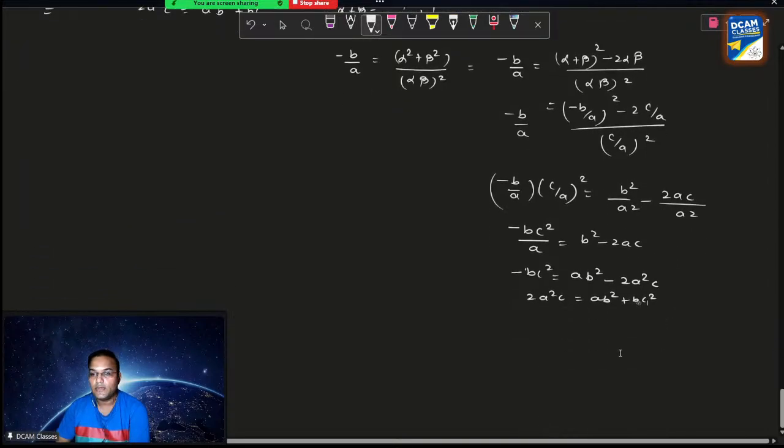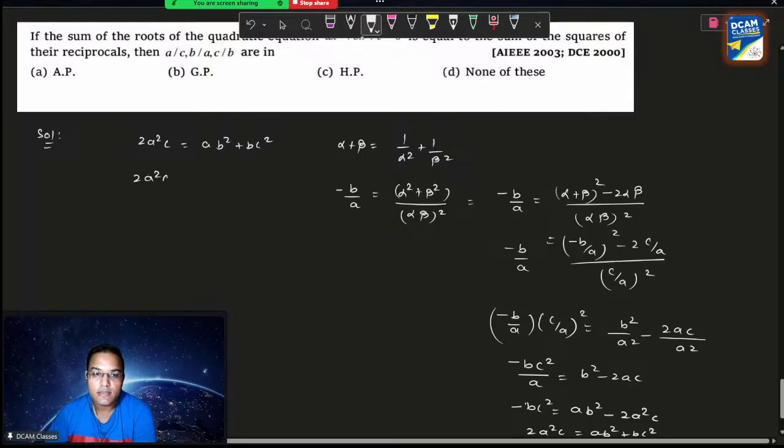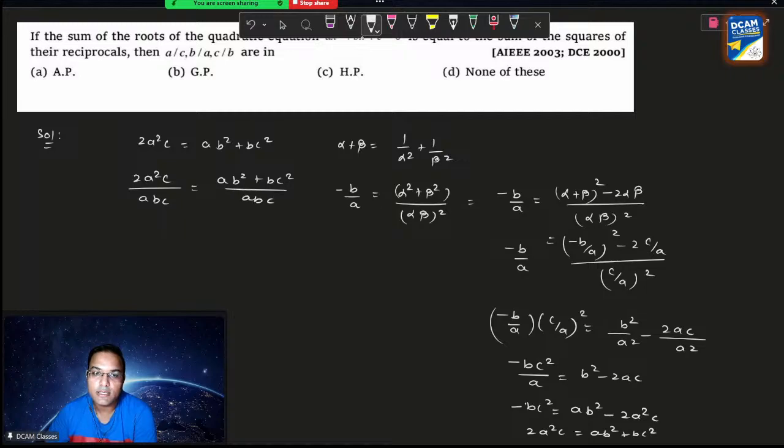Correct. We are getting the condition. Now from this, how to proceed? You can do one thing: divide both sides by A, B, C. A, B, C is equal to AB square plus BC square by A, B, C. Then A and C will be cancelled.